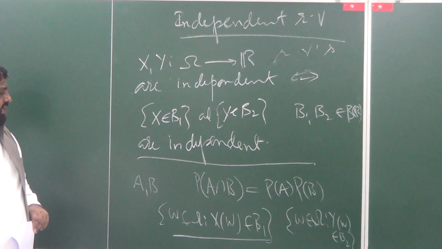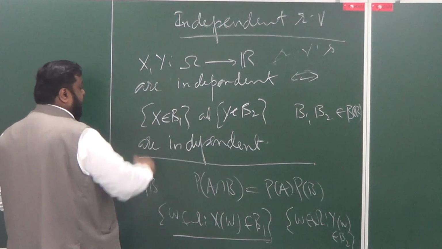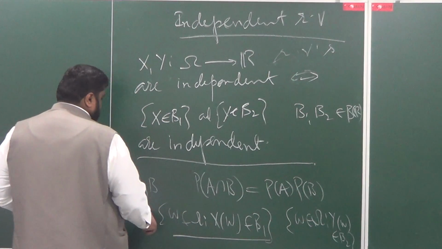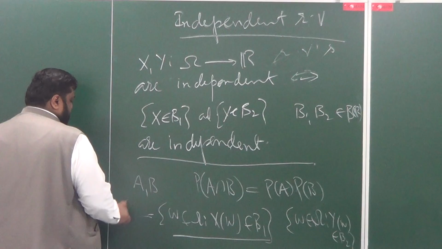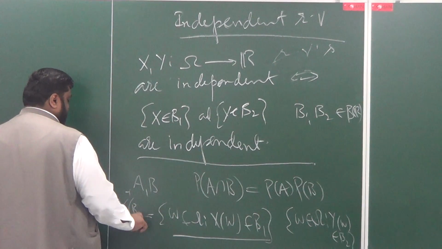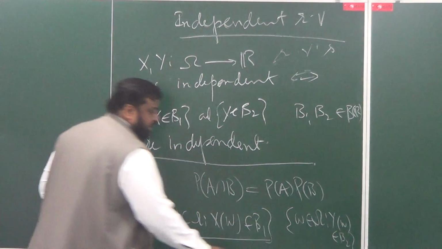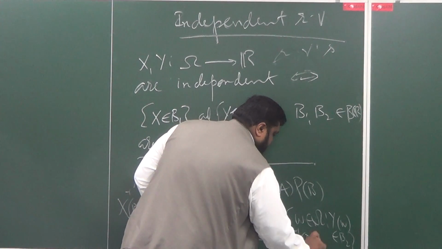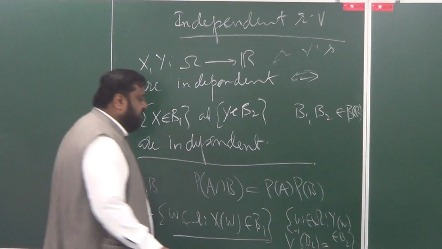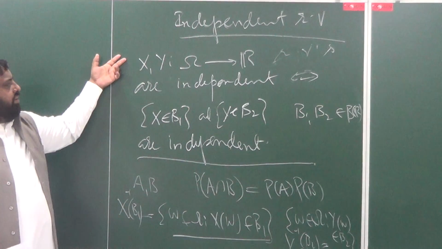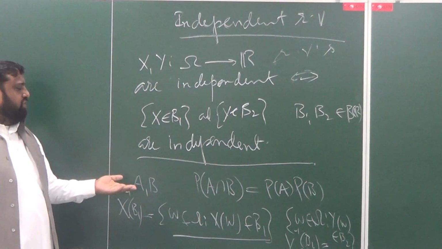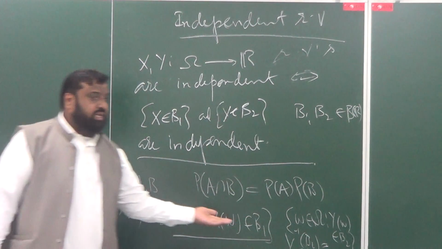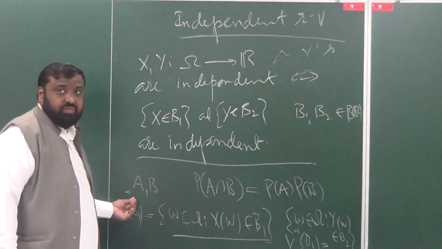Then we say that two random variables are independent if and only if these sets are independent. This is just the inverse image of the Borel set B1, and this is the inverse image of the Borel set B2. In other words, two random variables are independent if for any two Borel sets their inverse images are independent from each other.